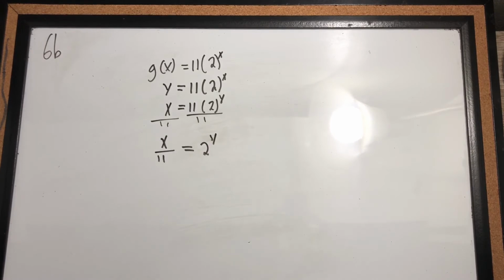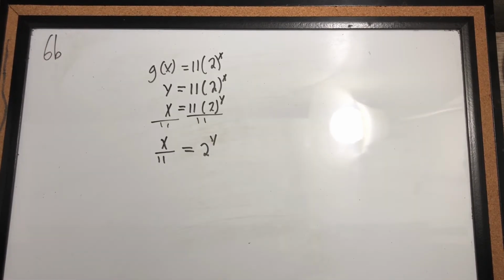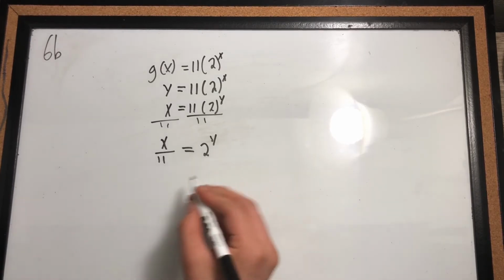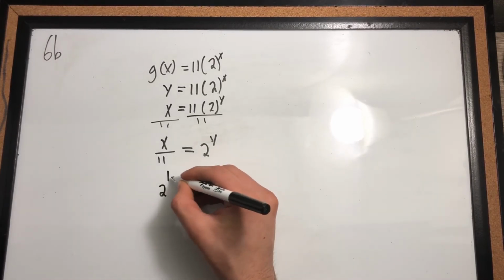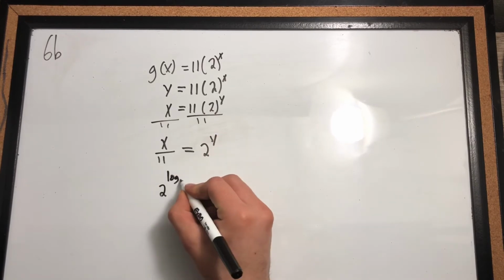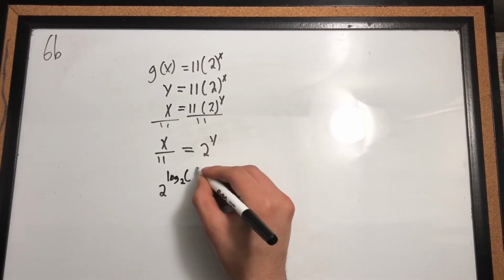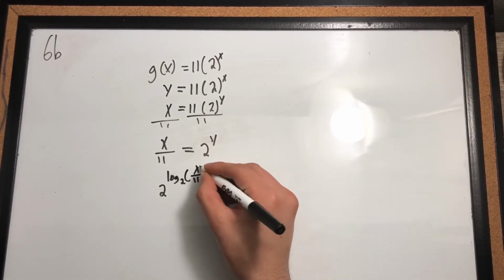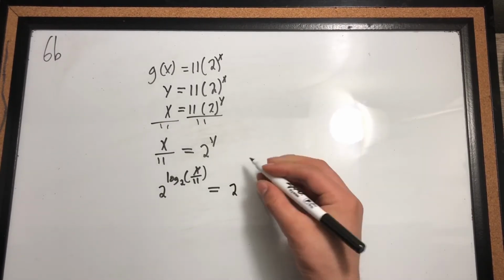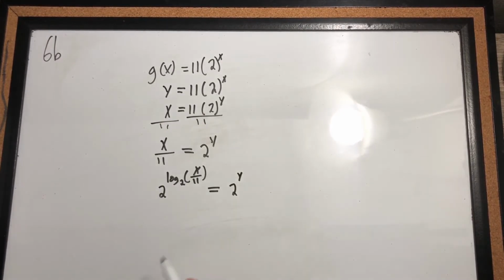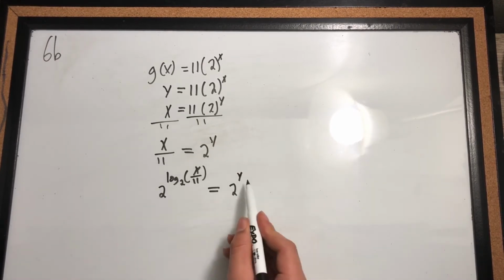After you do this, so now you have to solve for y, you have to get the exponents equal to each other. But first, to do that, you have to get the bases equal to each other. So this is now going to be 2 and log 2. So now that we have this, it's equal to 2 to the y. And since our bases are now the same, all we have to do is look at the exponents.